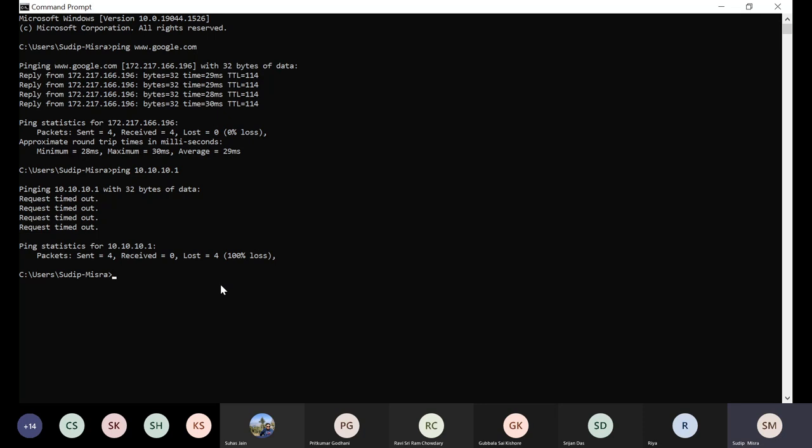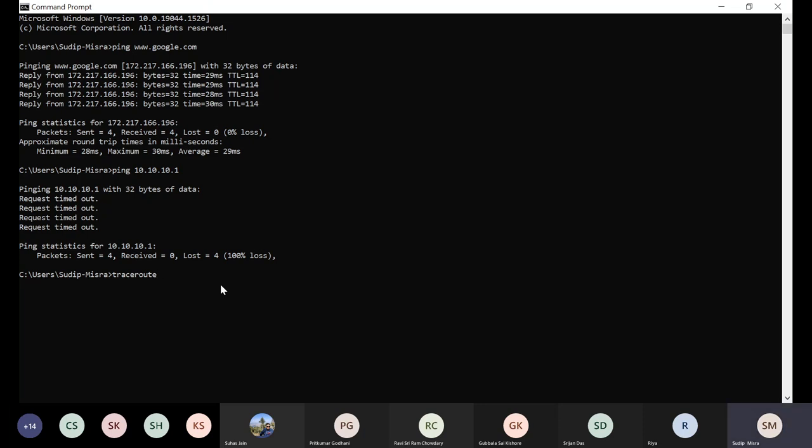The other one is traceroute. I do not have the Linux machine with me, so I'm doing it from Windows. In Linux you can use the traceroute command just like that.